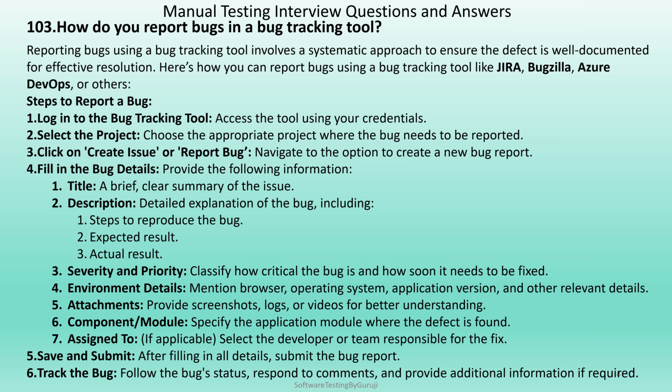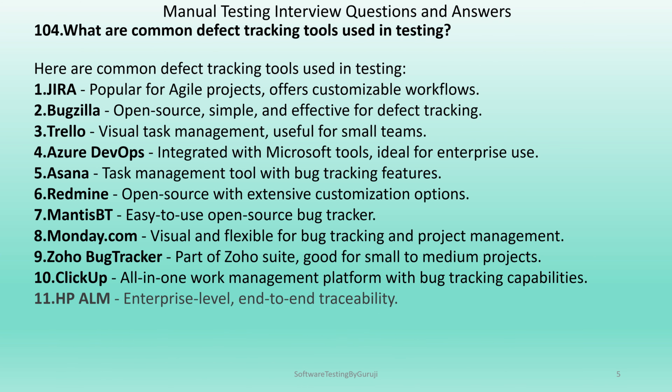Let's move on to another question. Next question is, what are common defect tracking tools used in testing? Here are common defect tracking tools used in testing. First, Jira, popular for agile projects, offers customizable workflow. Second, Bugzilla, open source, simple and effective for defect tracking.